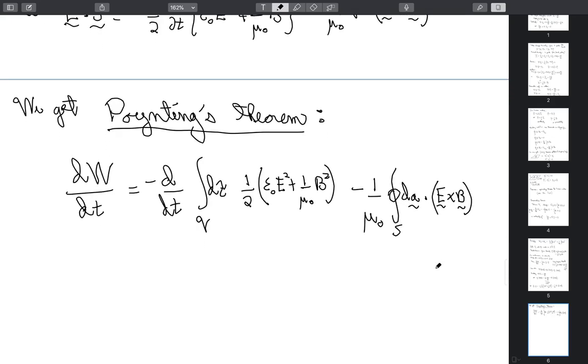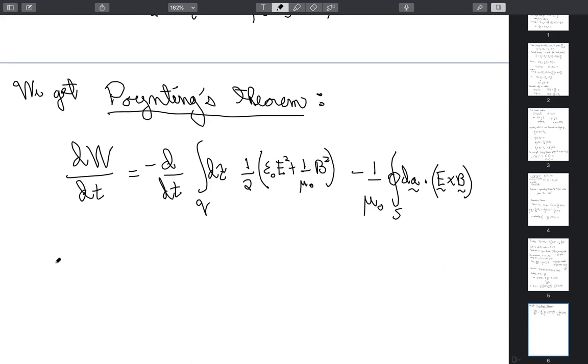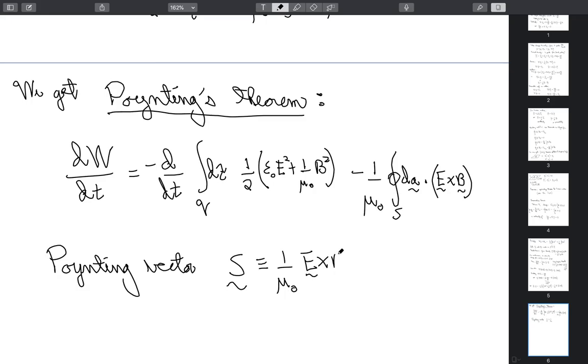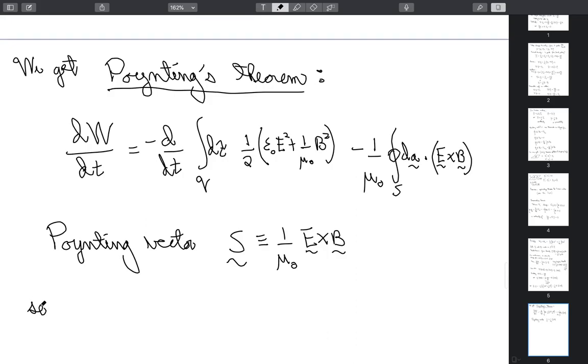That's a nice little interpretation. We can make this even cleaner by defining some objects. We can define the Poynting vector. Always love that name. It's pointing somewhere, and it has a very important physical interpretation. The Poynting vector S is by definition just this simple combination that we're using here, 1 over mu 0 E cross B. So Poynting's theorem then becomes really quite compact.